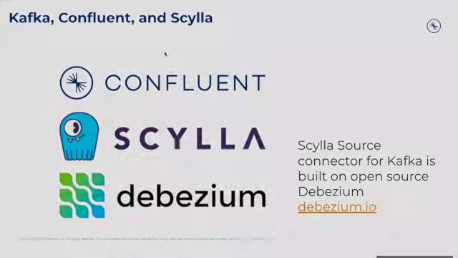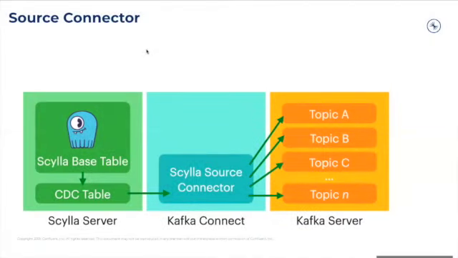Next slide. Here is the canonical architecture diagram for Kafka Connect, for the Scylla source connector. You've got the Scylla server in green, the base table, and then the CDC table, which we've just talked about. I hope as you were digesting the details of that, you didn't lose the forest for the trees, because the fact that Scylla does this is just really cool.